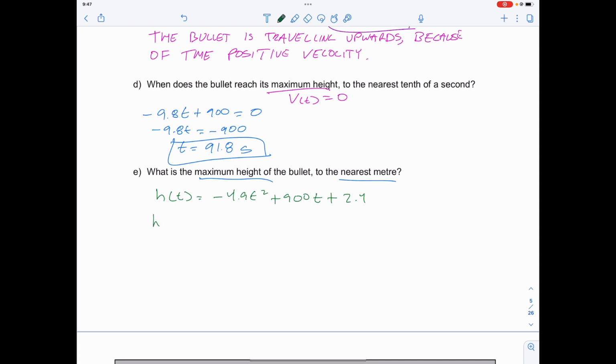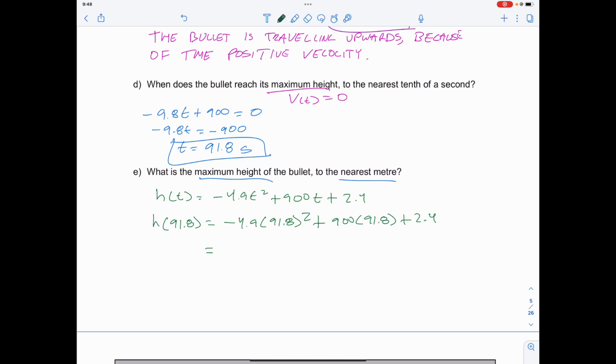So we know that it reaches a maximum height at 91.8 seconds. So that's what I'm going to use. Negative 4.9 times 91.8 squared plus 900 times 91.8 plus 2.4.